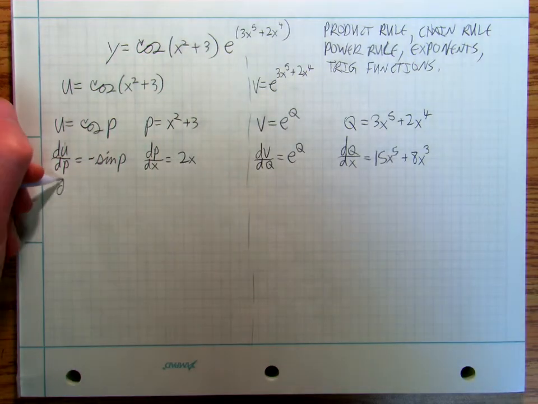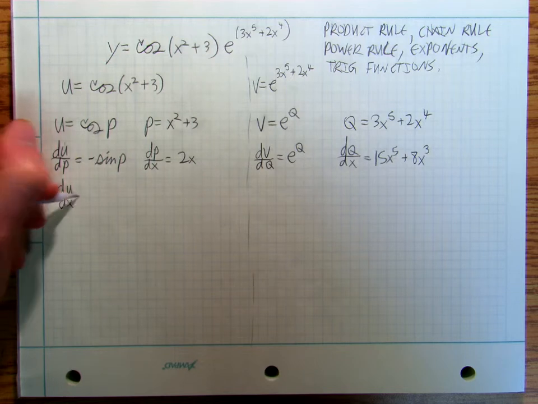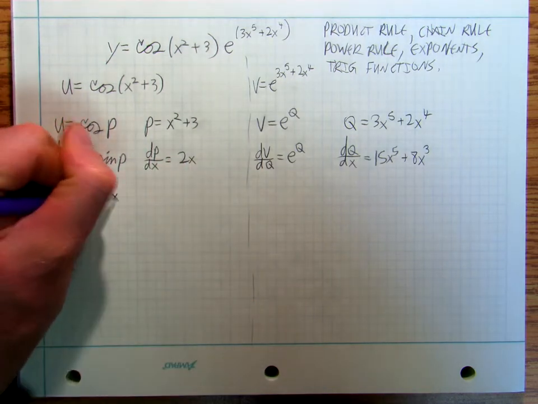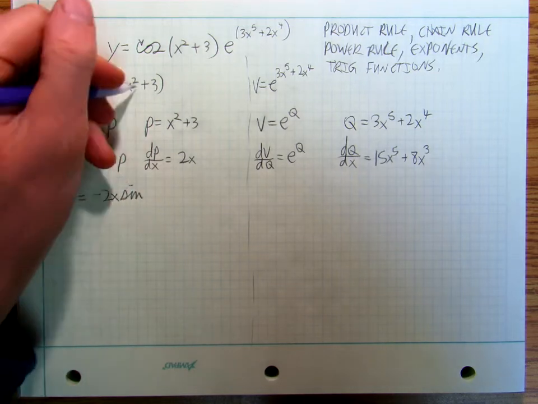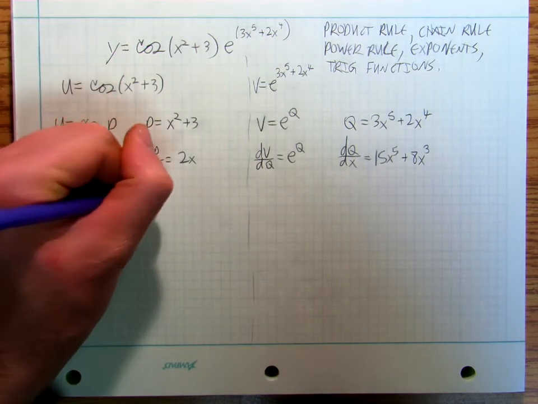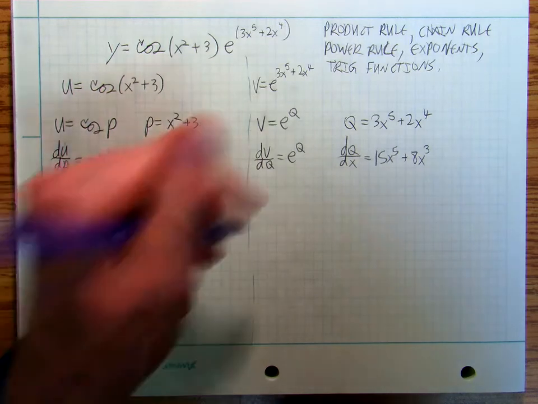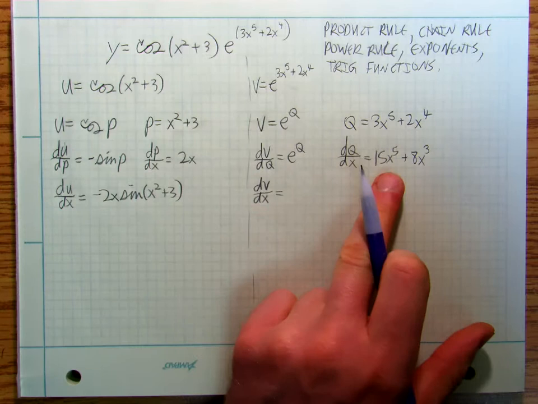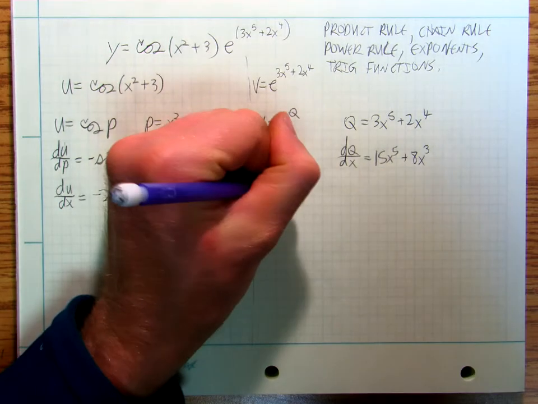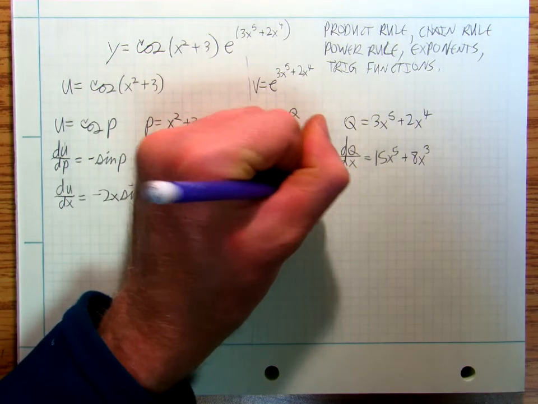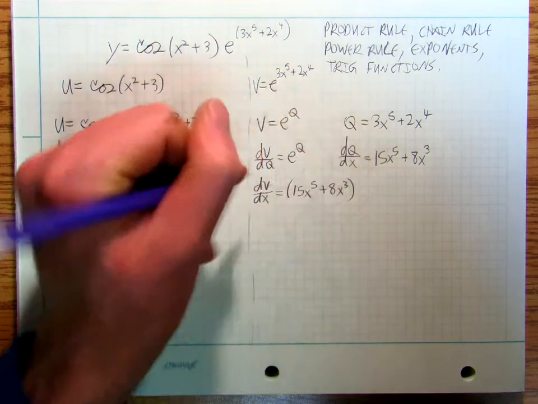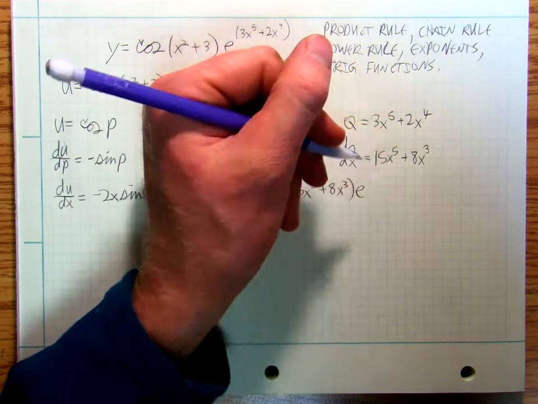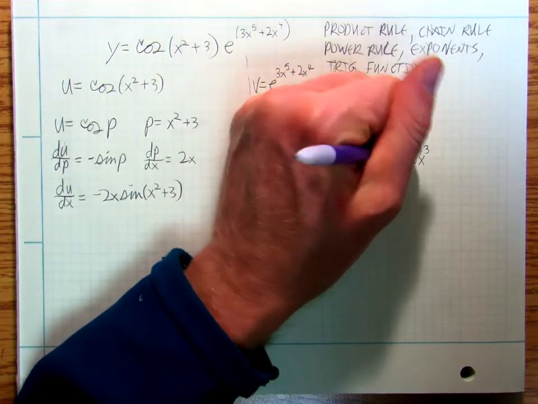Then I'm going to say du dx is equal to those two multiplied together. So negative 2x sine of x squared plus 3. And dv dx is equal to that times that, and my q is that. Whoop, sorry.